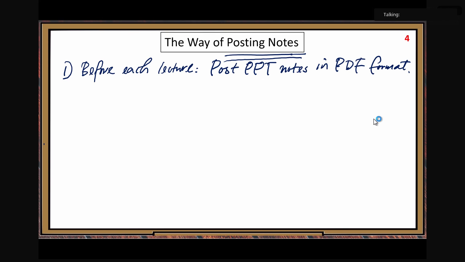But when you click the PPT format, Canvas uses its own internal way, not Microsoft Office, to display the PPT file. Then you see a lot of fonts and formulas distorted. So now I do not post the PPT file before class. I only post the PDF file, so you see the content without any problem.